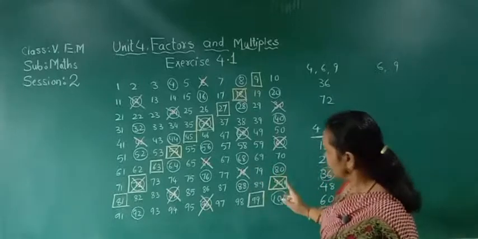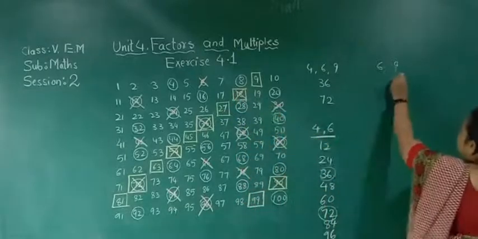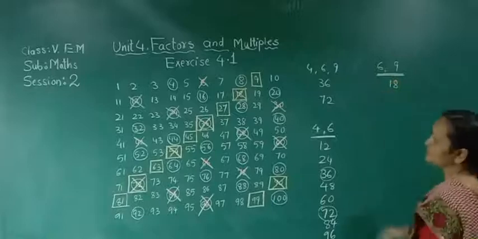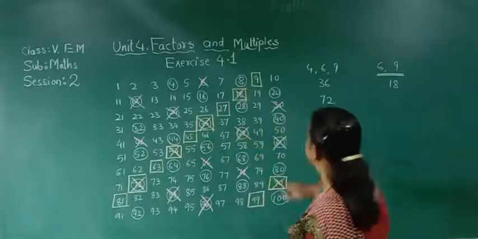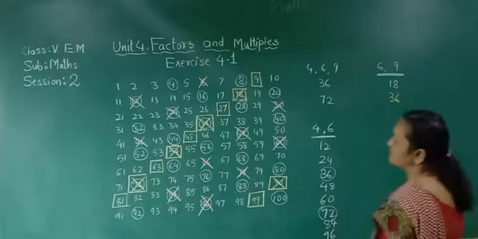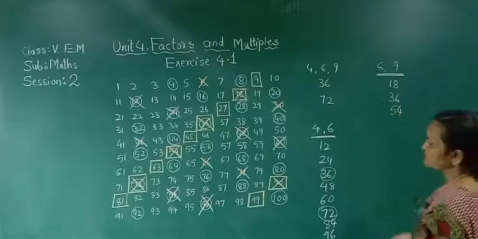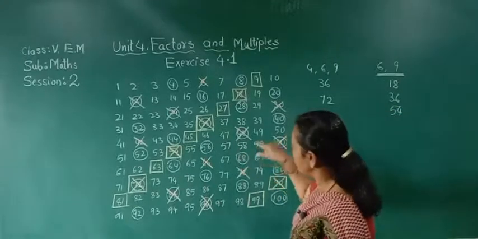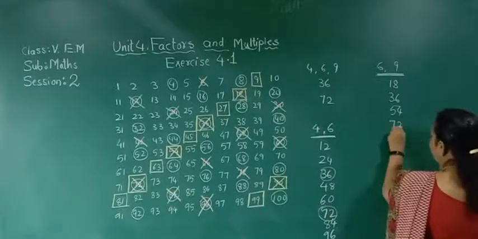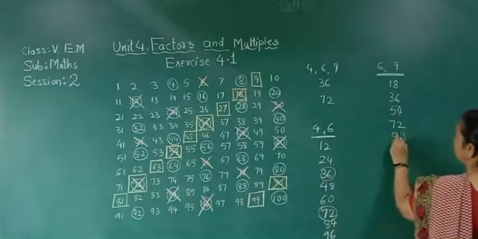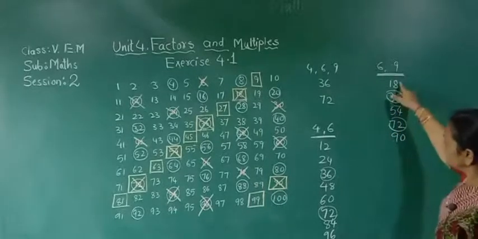Cross and box, where you are finding 18, first number 18, 6 and 9, it is 18, then same 36, then it comes 54, after 54 where you will find the cross and box, 72 and here 90, again here 36 and 72, they are common, isn't it? Now what is the meaning?